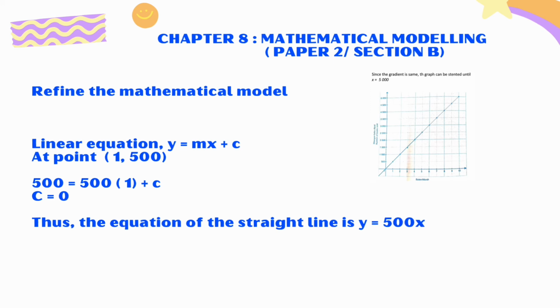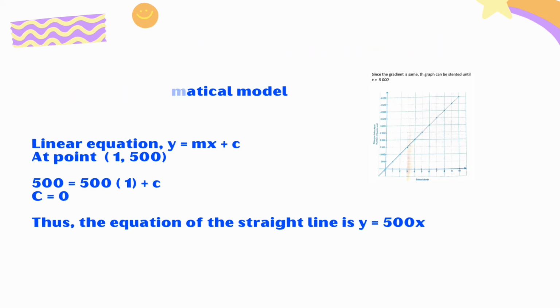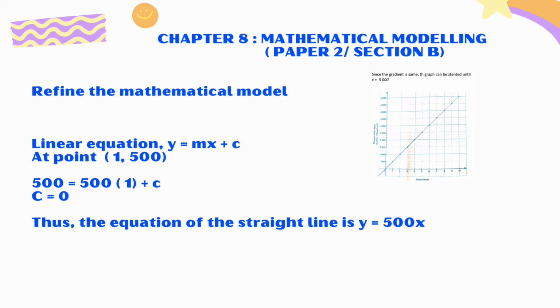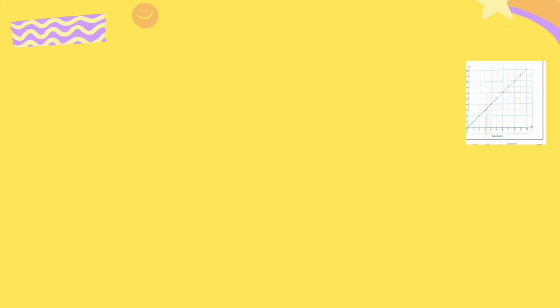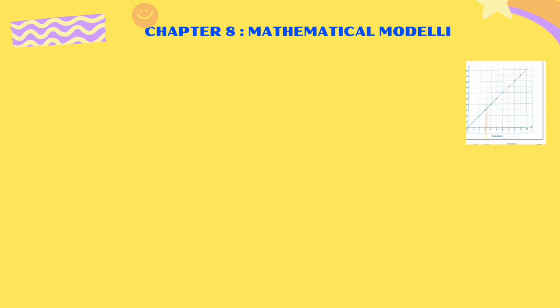Then we try to find c. 500 is equal to 500 times 1 plus c, and c is 0. Thus the equation is y equals 500x plus 0, so y equals 500x is the equation. That is how we relate the two variables y and x.